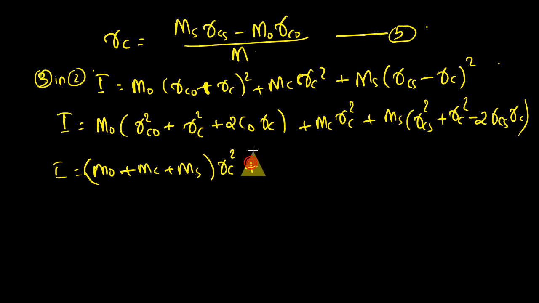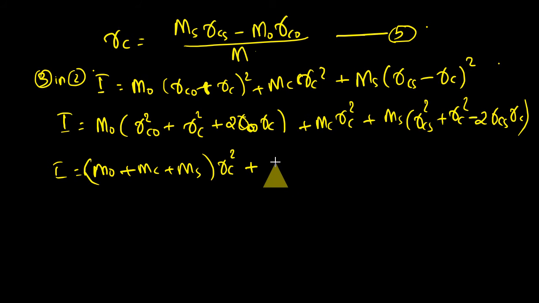Plus, now there are two terms: 2 RCO RC, and here we have 2 RCS RC. So 2 RC is a common factor in these two terms.